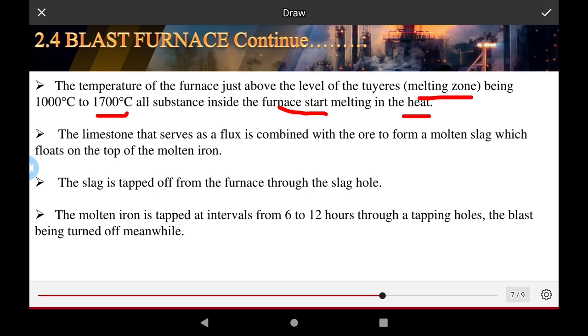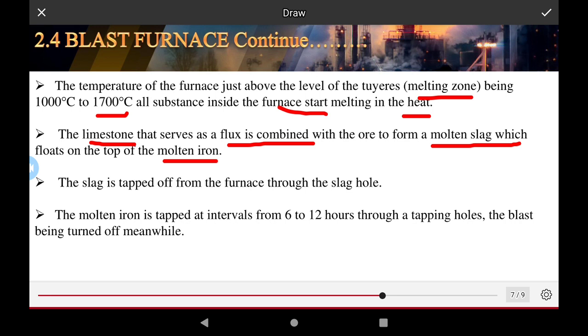The limestone flux combines with the ore to form molten slag, which floats on top of the molten iron.